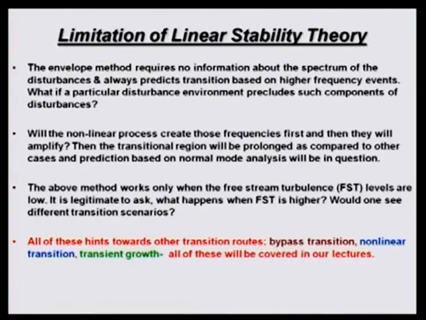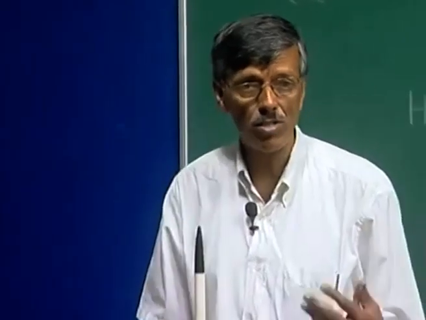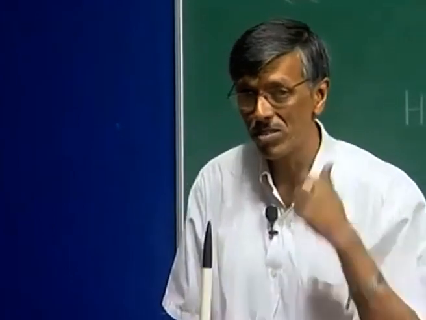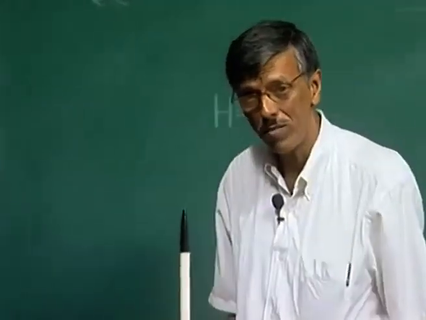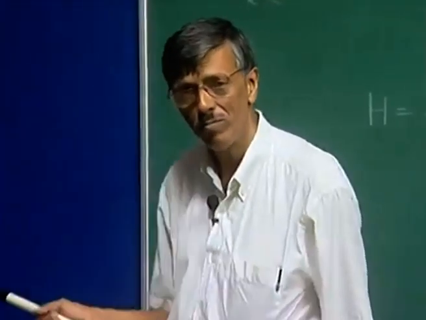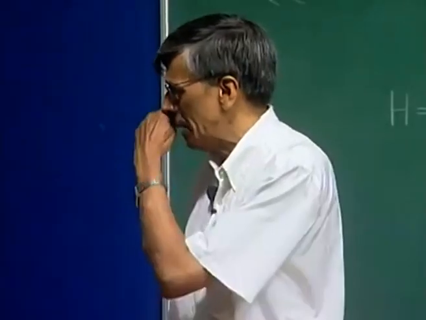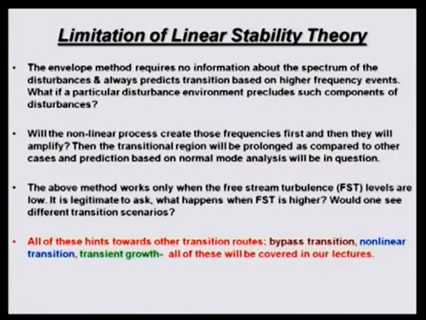That is a very neat question to ask, or even the mechanism by which we have talked about these disturbances growing is through the viscous mechanism. Will that mechanism follow the same route when the amplitude increases? This exercised the mind of many researchers.